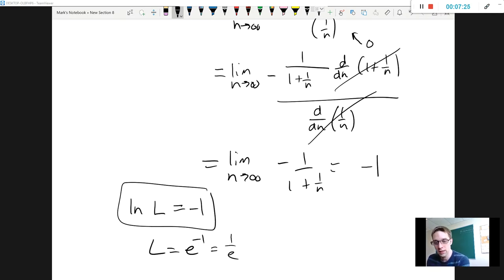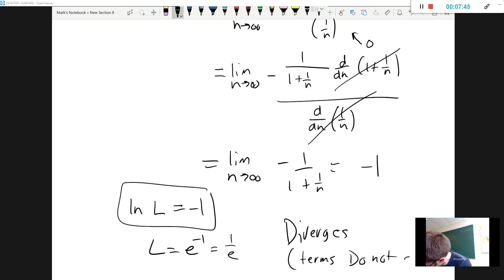But remember what the nth term test says. It says that if the terms approach anything other than 0, the series diverges. And in this case, we see that the terms approach 1 over e. And so we would conclude that this is a divergent series. The terms do not approach 0.